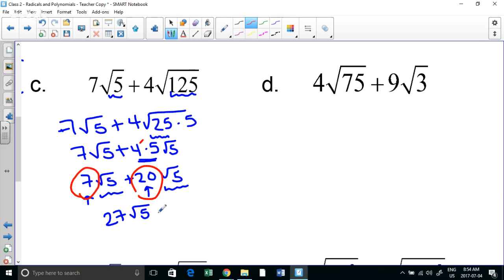Excuse me, Miss. How did you take out the 25, and then multiply 4 times 5? So if we remember from yesterday, we were looking for numbers that can be easily square rooted. Right? So on the side here, when I have the root of 125, well, 125 could be written as 25 times 5. So far, so good.